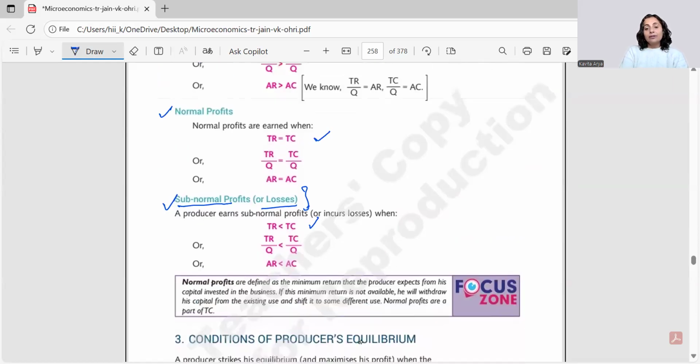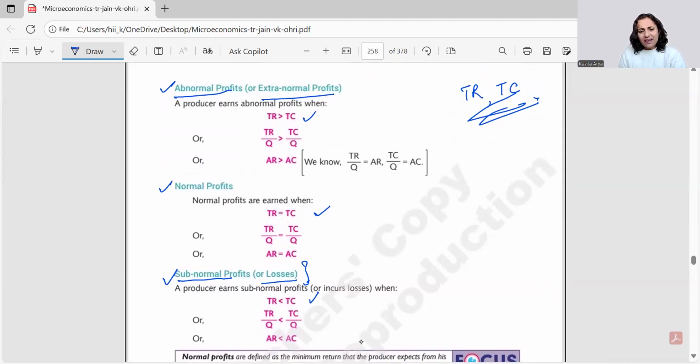And you would be amazed that if TR is equal to TC, then what does he take back home? You must understand that when we are talking about TC, we are talking about the cost of all the factors of production. Factors of production are land, labor, capital, and entrepreneur. Land gets rent, then wages, interest, and then profits.